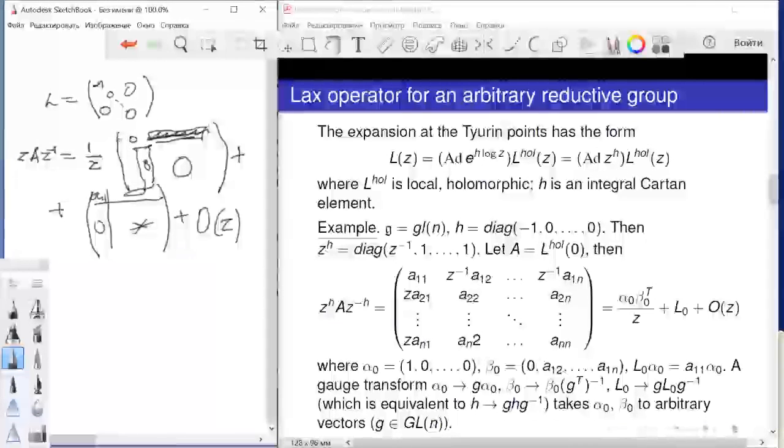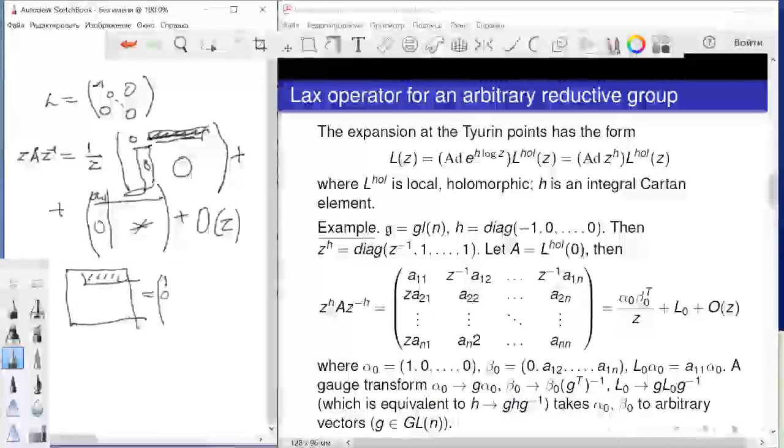This matrix, at the term 1 over Z, of this form is just equal to the following. Is it clear?